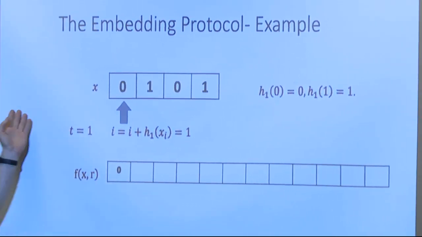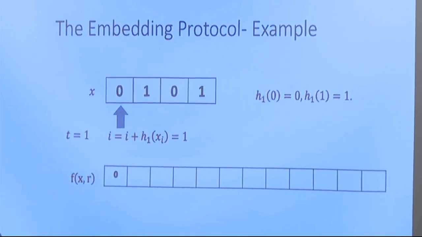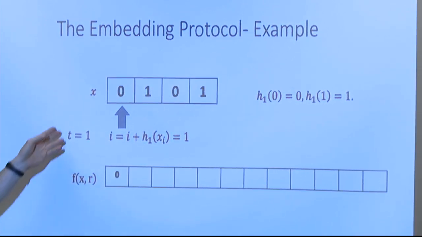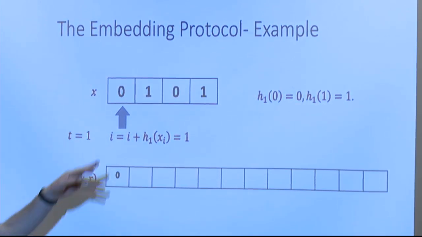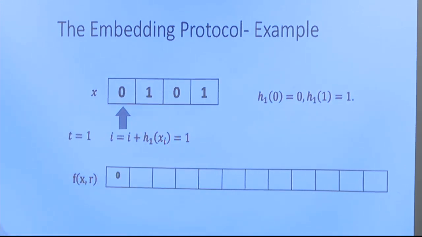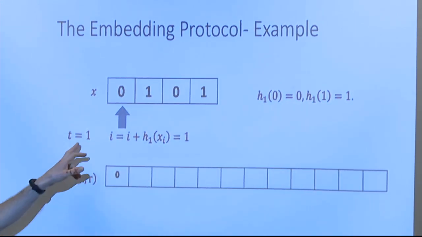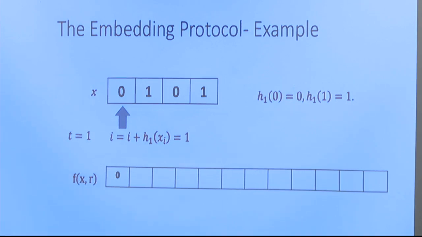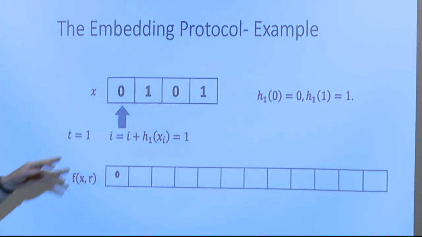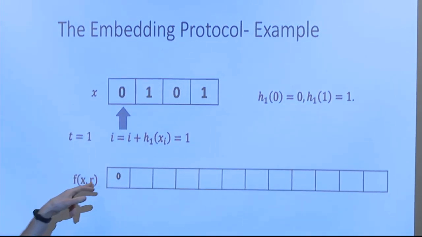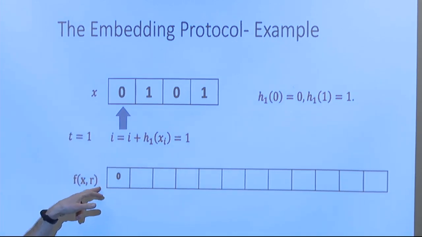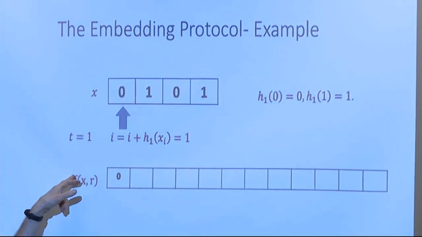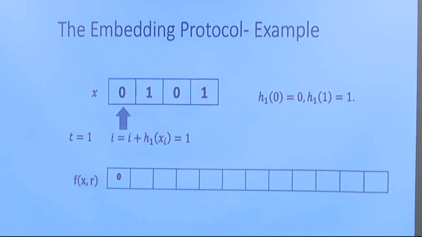So let's do a very small example to illustrate that. Suppose x is a very short string, the string 0, 1, 0, 1. At the beginning, I is initialized to 1. The first character of the embedded string would be 0.